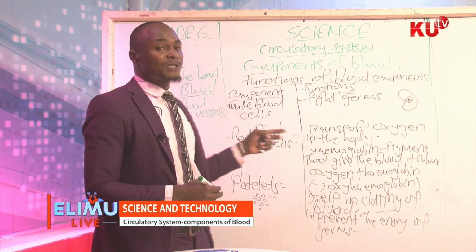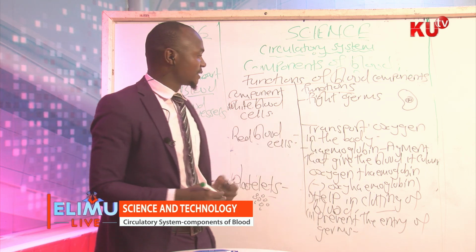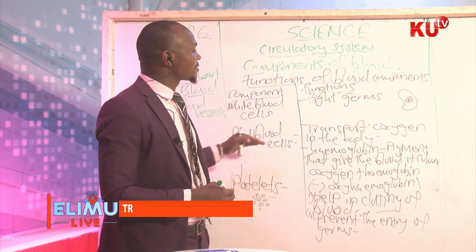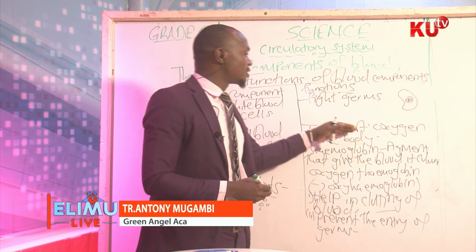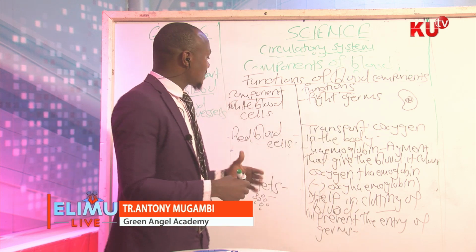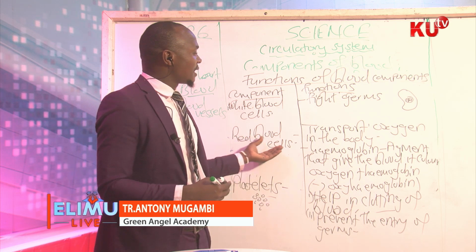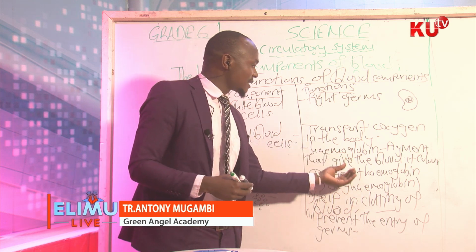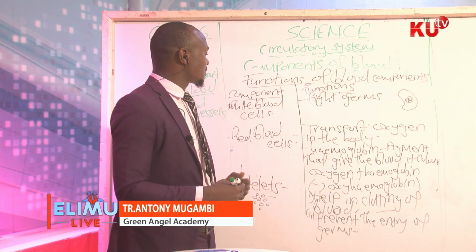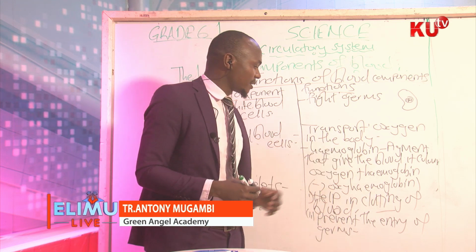Plasma, we said, transports digested food in the body, while the red blood cells transport oxygen in the body. We have said it is the one that holds the pigment that gives the blood its color, which we have said is called hemoglobin.